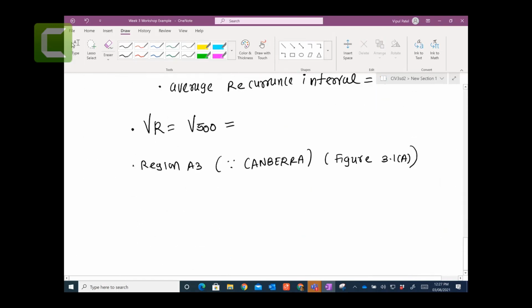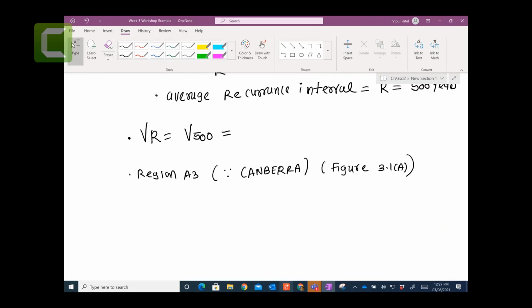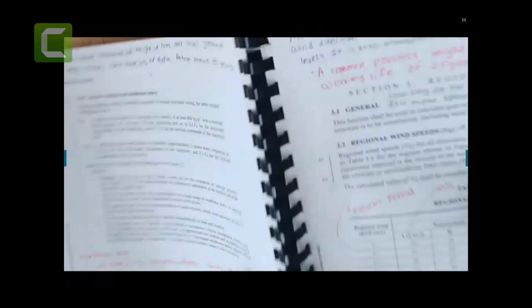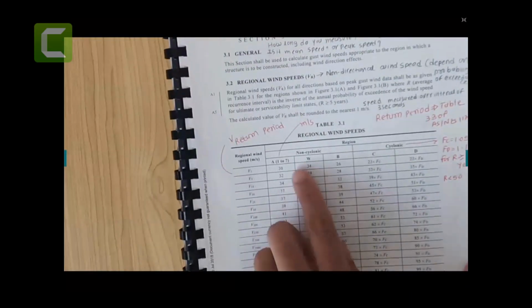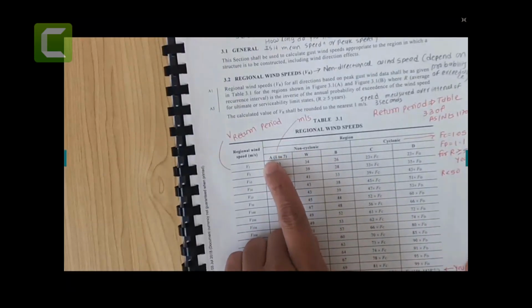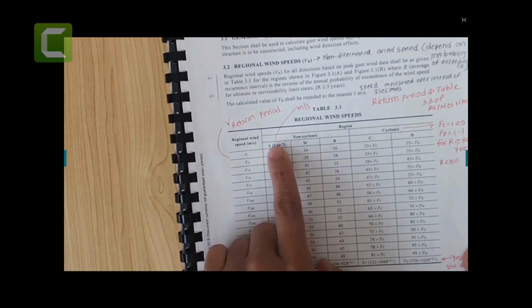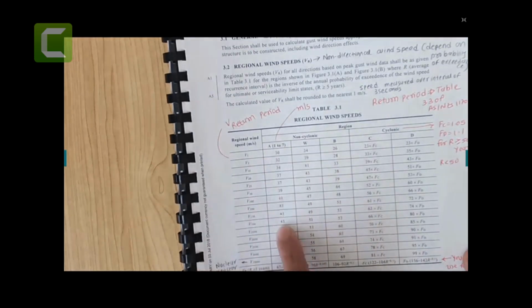All right, so for that case, region A3, we can go back to the table. Region A1 to A7, so there is region A3, and we will go on these first columns.